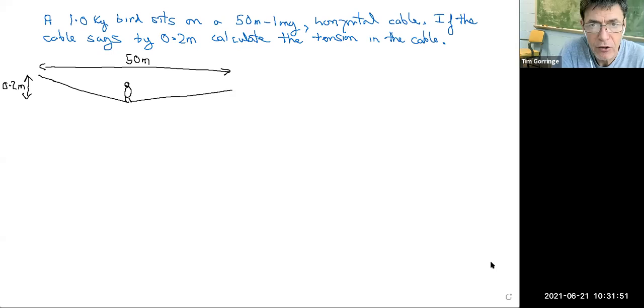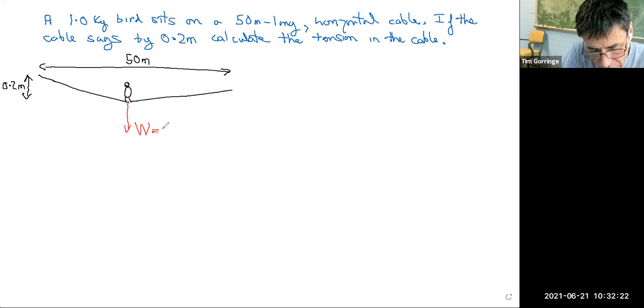There are 3 forces on the cable, and in particular, 3 forces at the center of the cable where the bird is standing that I want to sketch. One force that is acting on the cable is the force of the bird on the cable, and that force is equal to the weight of the bird.